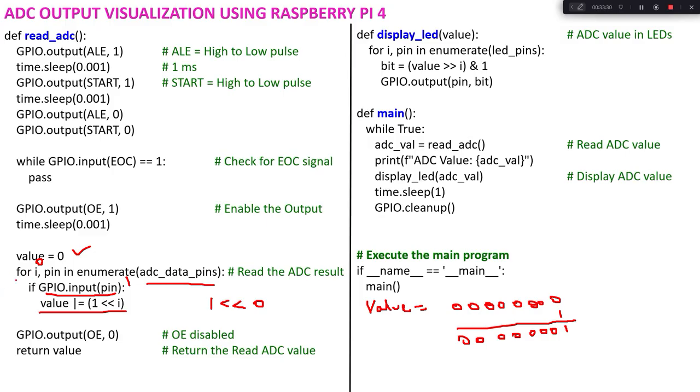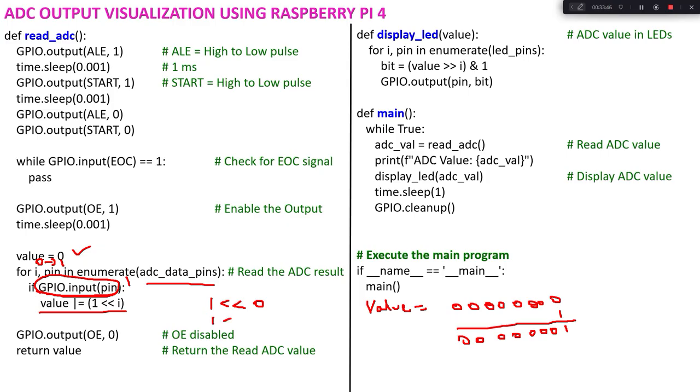When the for loop runs for the second time, now I is changed to 1. Again I read the next input pin, the second input pin. If that second input pin is also 1, what will happen?